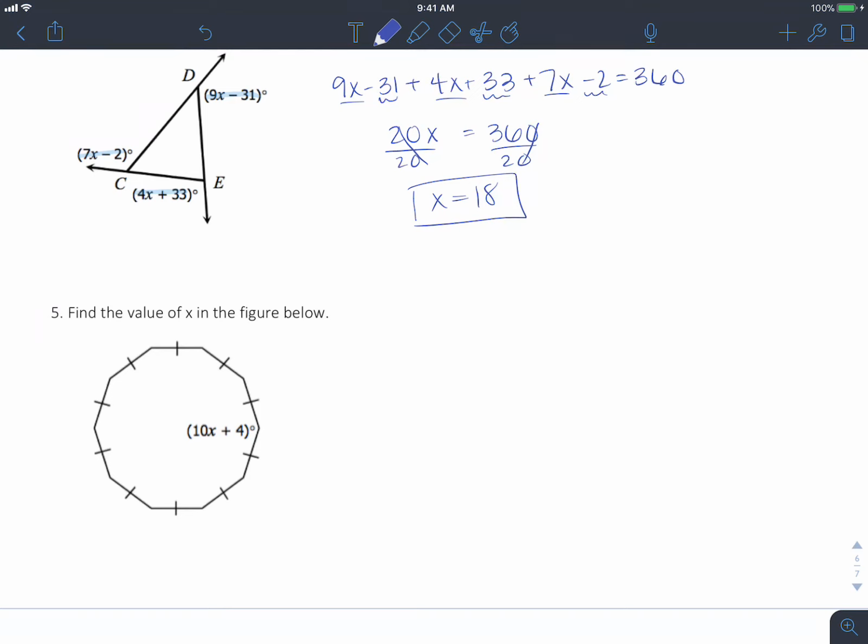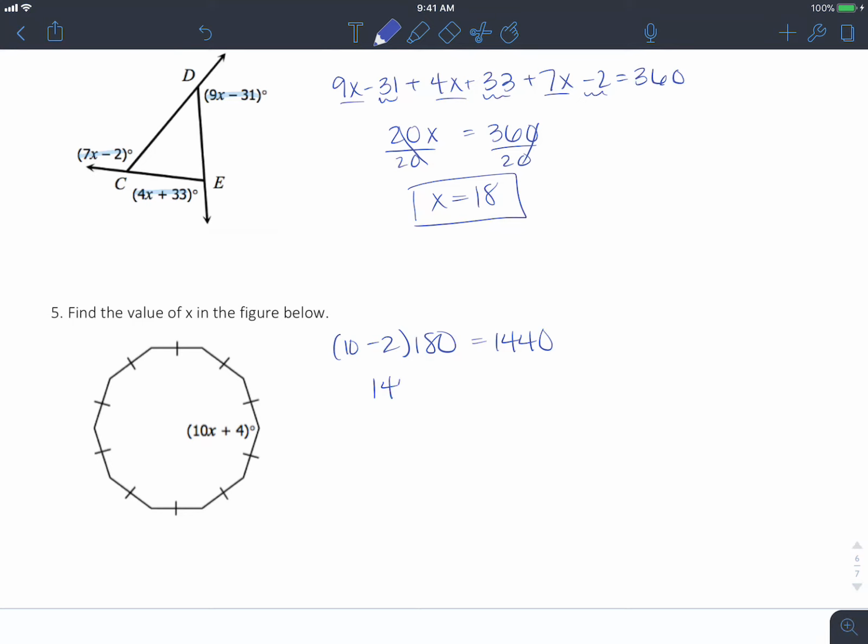All right, last one. Find the value of x in the figure below. So the total interior degrees, we have 8 sides here. So we're going to have 8 minus 2 times 180. Oh, I'm sorry. The total sides here is actually 10. So 10 minus 2 times 180. So 8 times 180. So that total is going to give us 1,440.